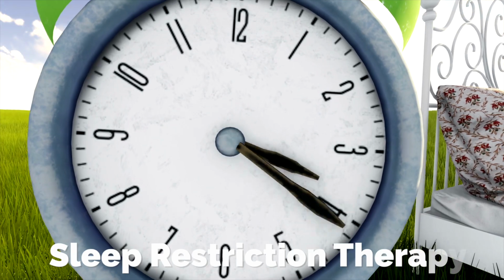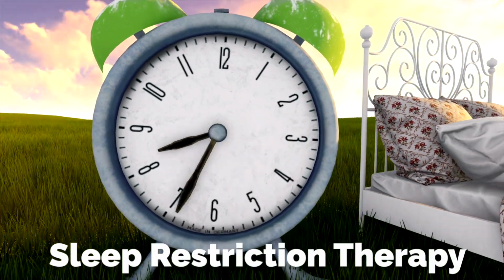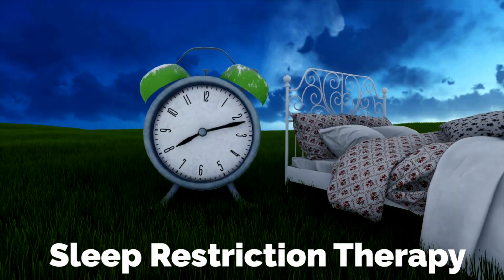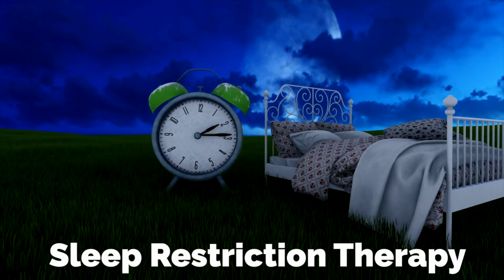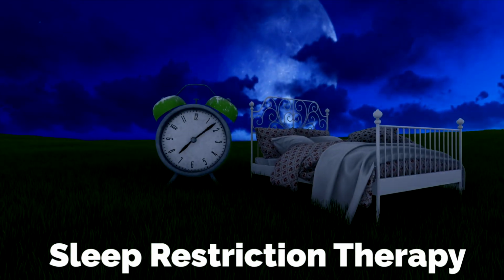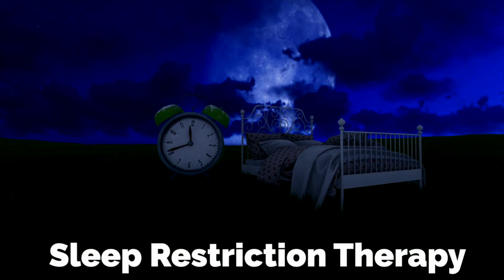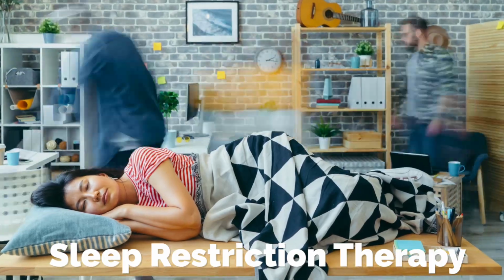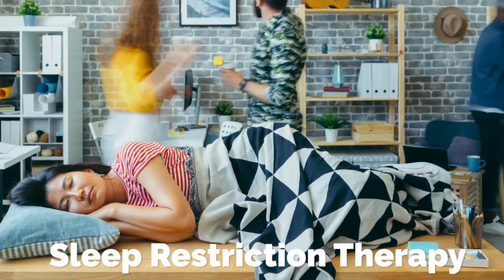We will first have to calculate the amount of time we are spending in our bed and the amount of time we are sleeping. Remember we talked about the sleep diary, that we need to have at least 1 to 2 weeks, ideally 2 weeks of data.